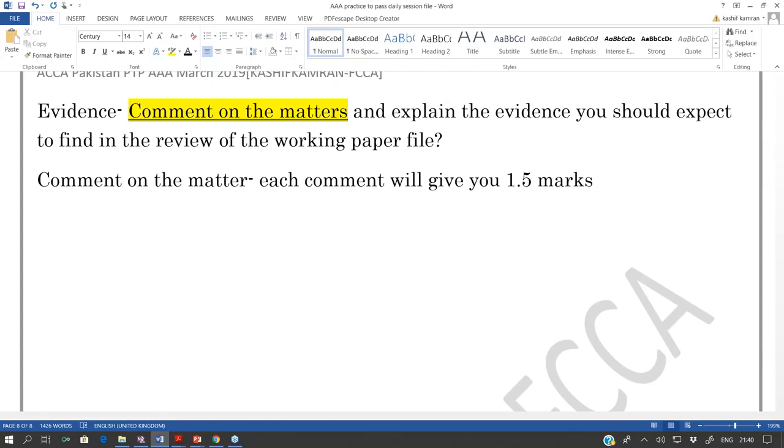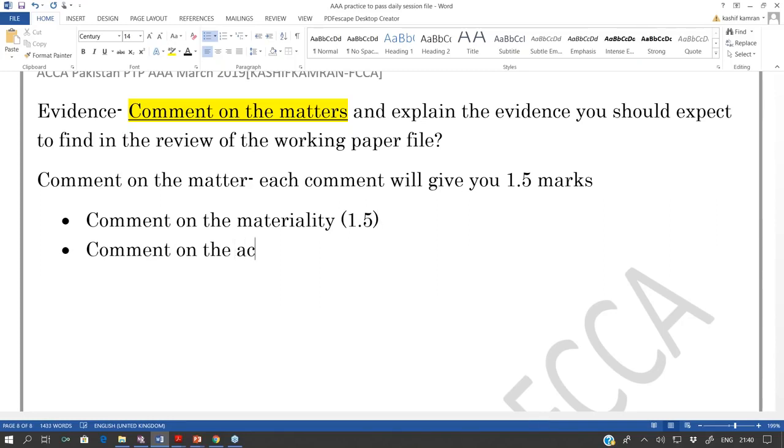Comment on the matters. Now, which matters am I commenting on? Examiner says you have to comment on three matters. Number one, you have to comment on the materiality, and you will gain 1.5 marks. Then you have to comment on the accounting treatment, and you will gain another 1.5 marks.